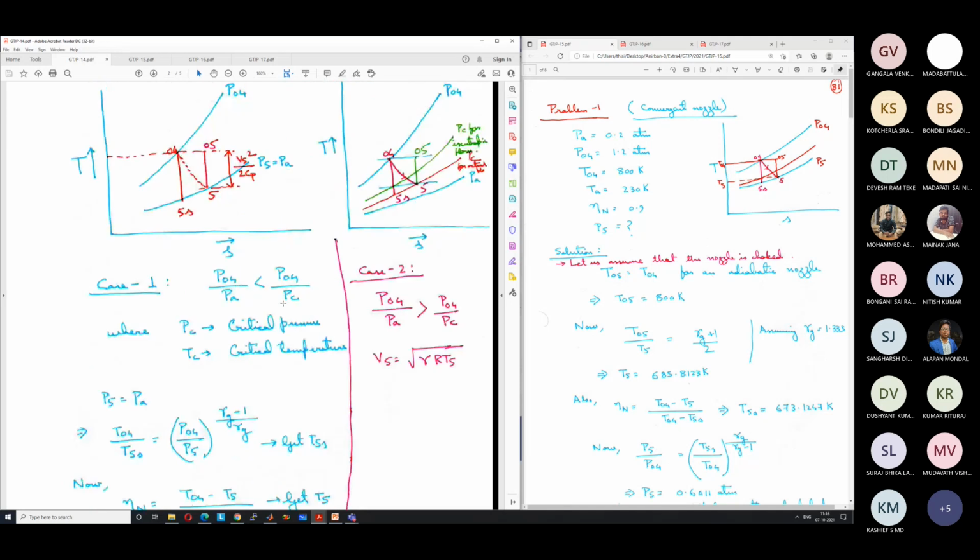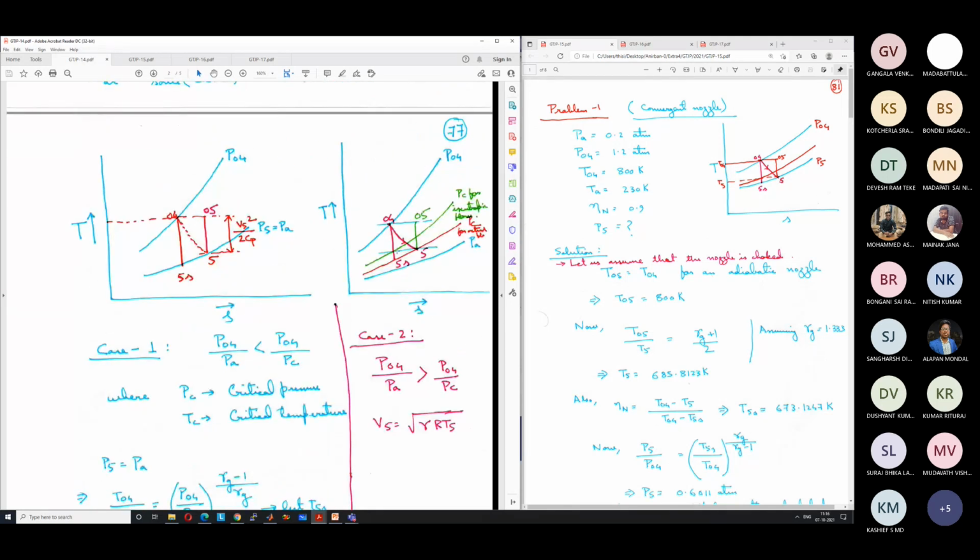For choked nozzle, what happens? We are unable to reach the ambient pressure, so we reach a pressure which is the critical pressure.